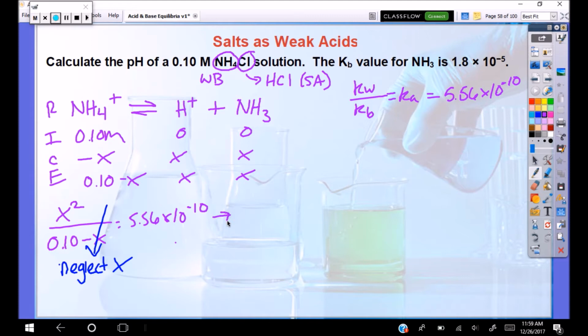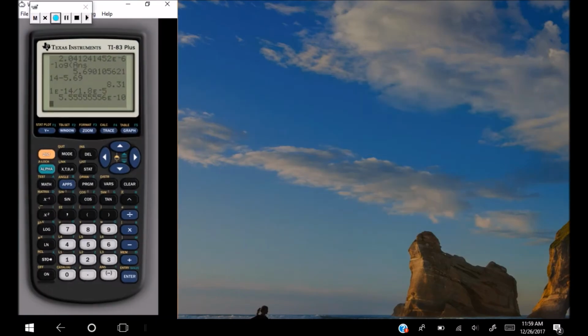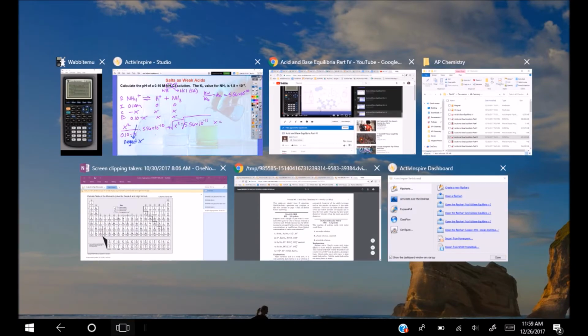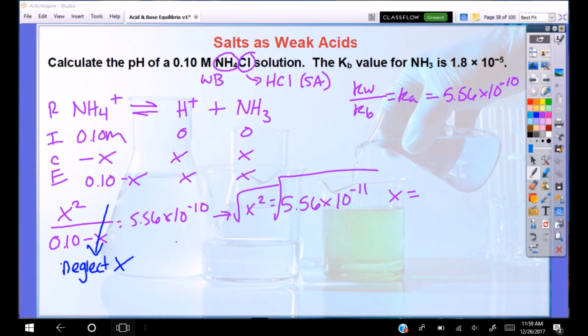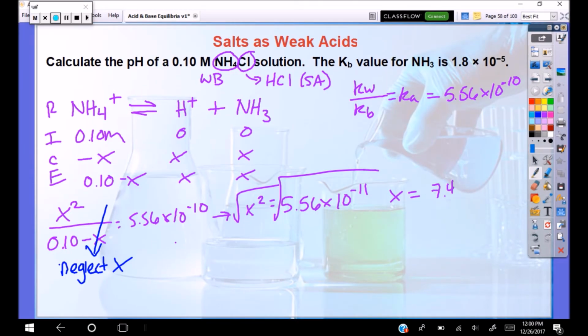So if I'm going to solve for X, 0.1 times 5.56 times 10 to the negative 10th, this really means X squared is going to be equal to 5.56 times 10 to the negative 11th. I'm going to do the square root of that, and I'm going to get an X equal to 7.45 times 10 to the negative 6th.